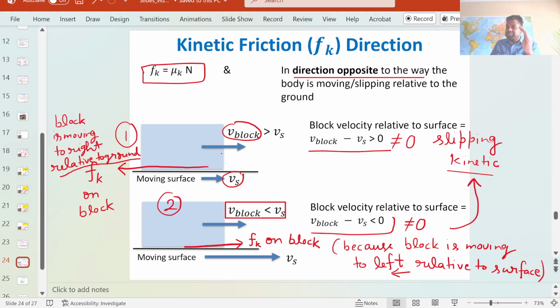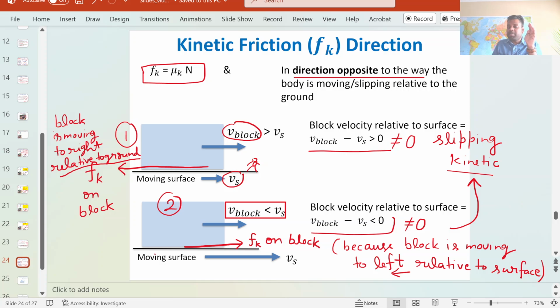The kinetic friction is not opposite to the block velocity. It is in the opposite direction to the relative velocity of the block. So in the first example, if you are standing on the surface, you see the block is moving towards you and you want to slow it down, so the friction is to the left.